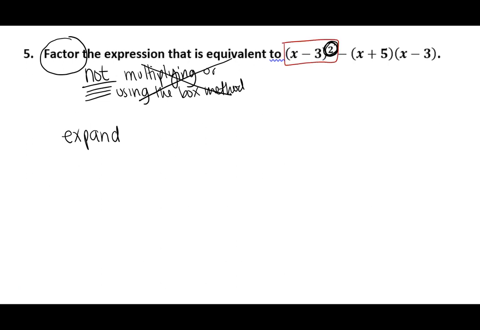So this becomes x minus 3 times x minus 3. And then you put the rest, x plus 5, x minus 3. Okay, and then you just factor out.